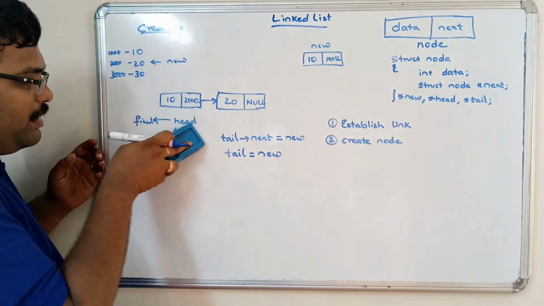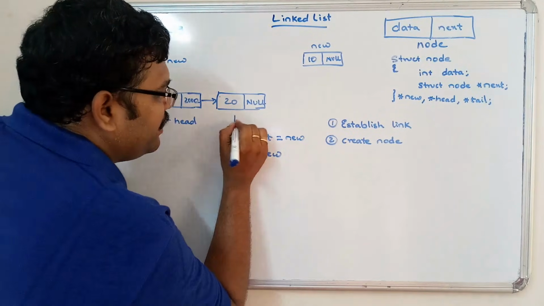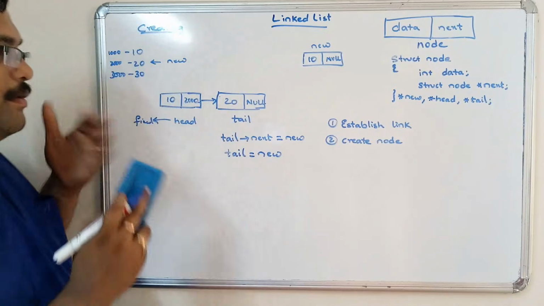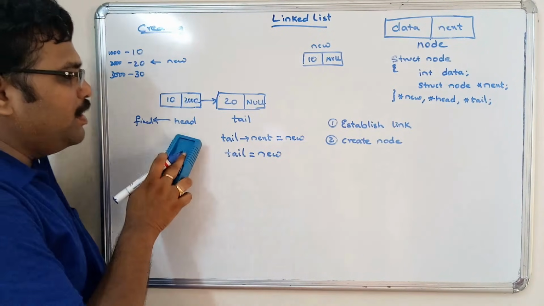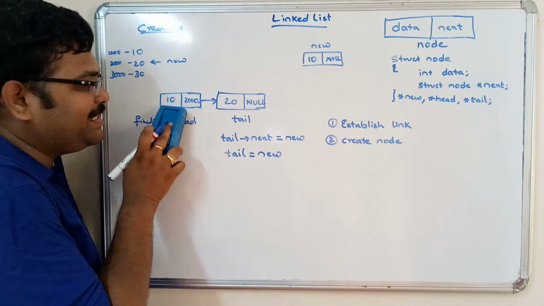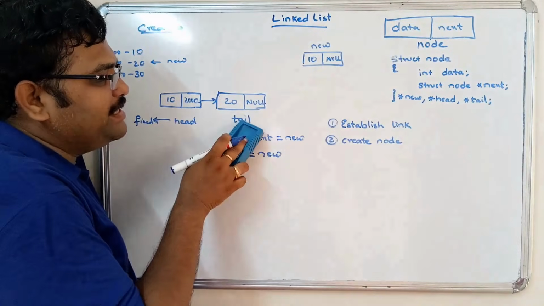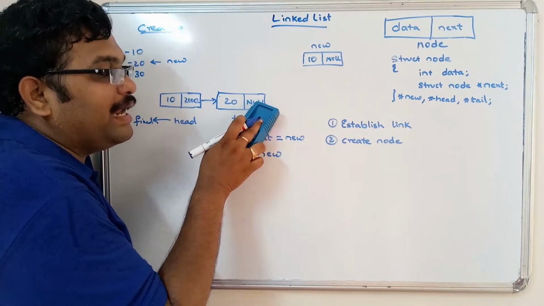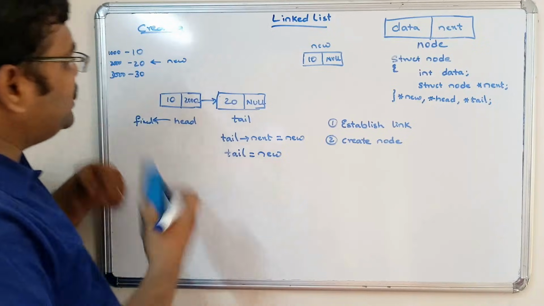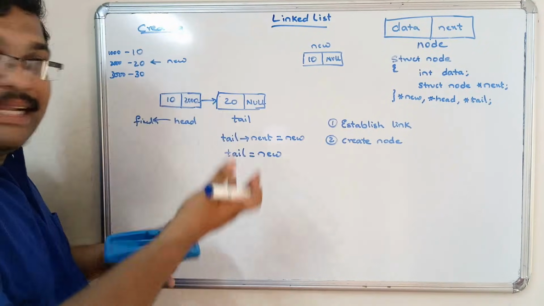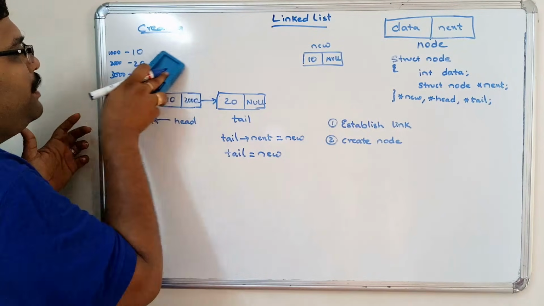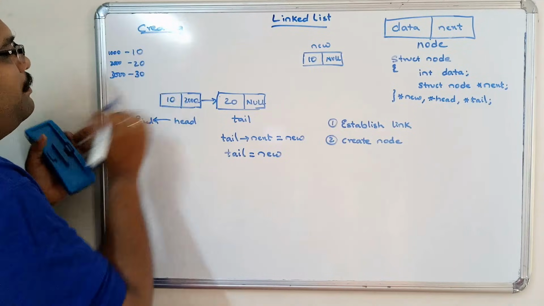So here the tail is replaced and it is assigned here itself. Okay, so head is having the two fields 10 and 2000, and the tail is having the fields 20 and null. Now once again in the next iteration, the new will be the third element.